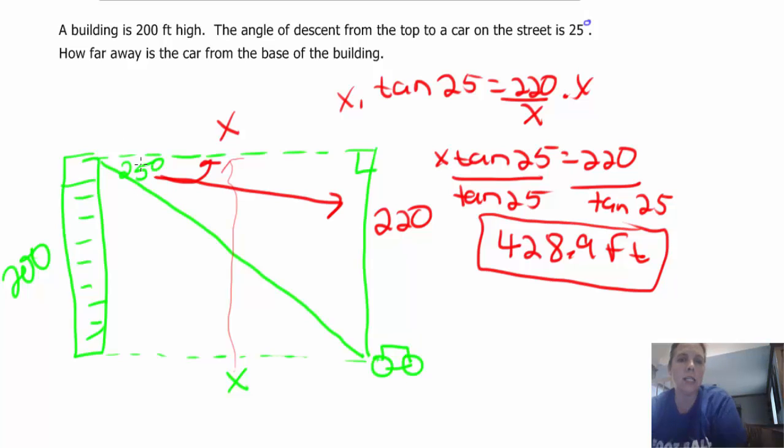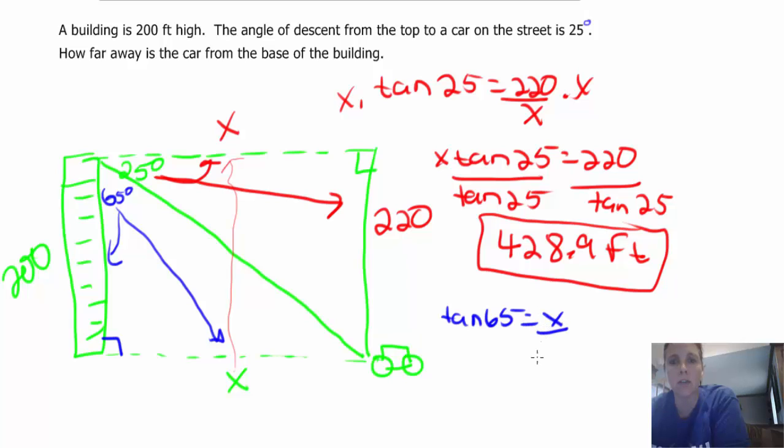Now let's see if it works the other way. If we did 90 minus 25, so let's say this is 65 degrees. Okay. So if we want to do this, we're given, again, opposite over adjacent. So we're going to do tangent of 65 equals x over 200, multiply by 200.